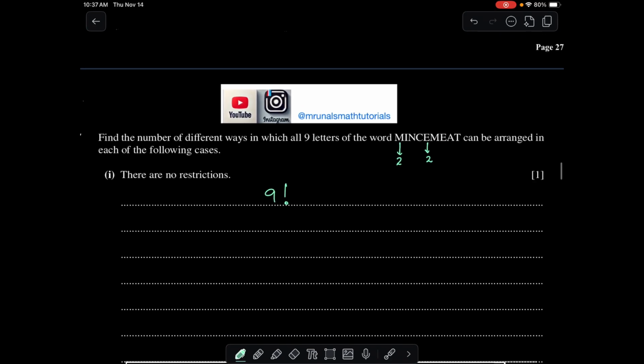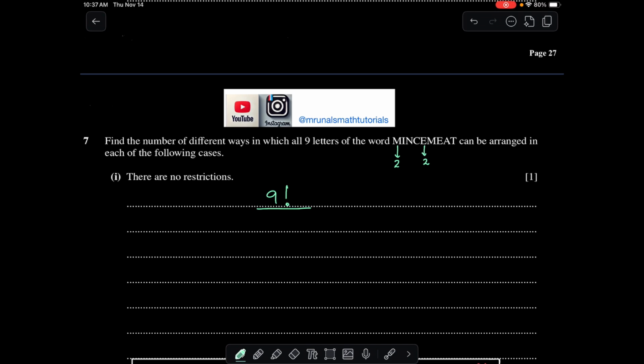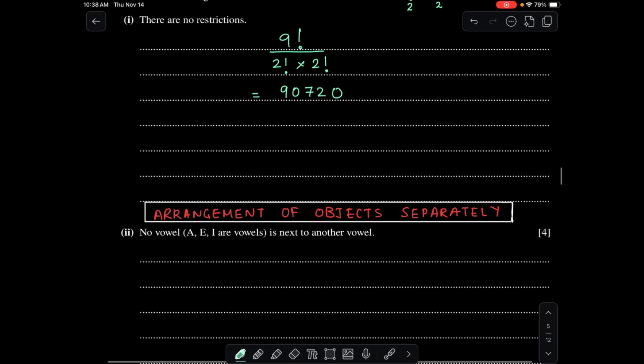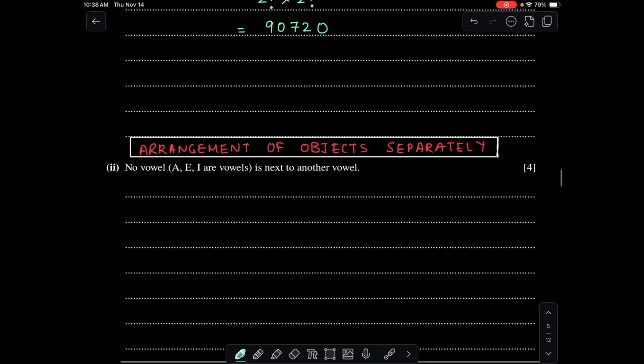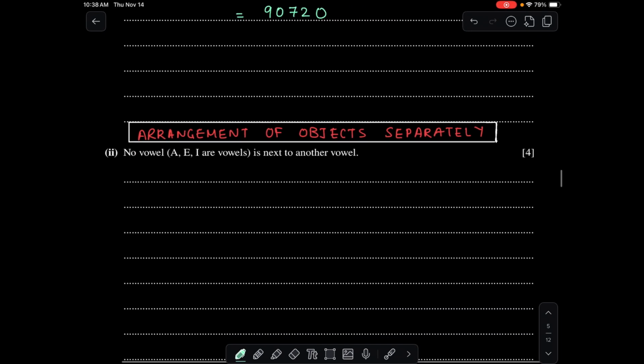But because the M's are repeating, divide by the repetition, divide by 2 factorial times 2 factorial. This is because E's are also repeating and we have 2 E's, right? So use the calculator to work this out. It should be 90,720.